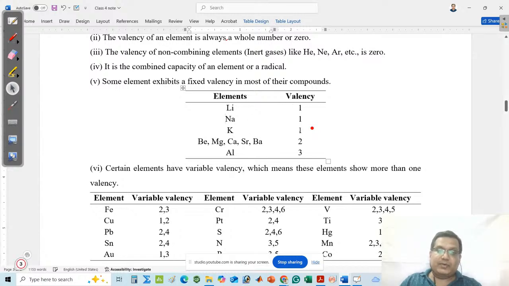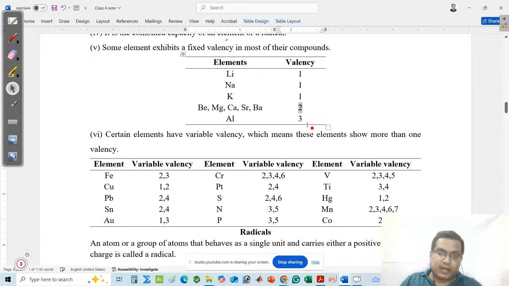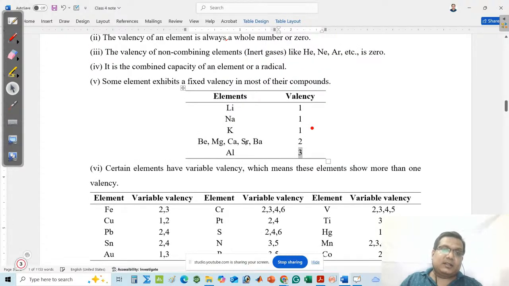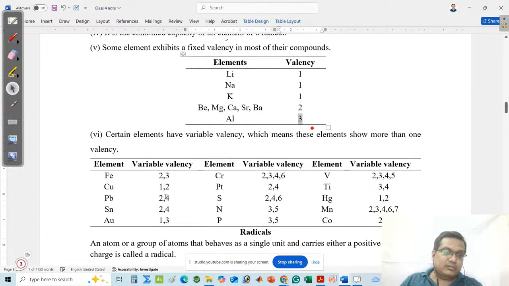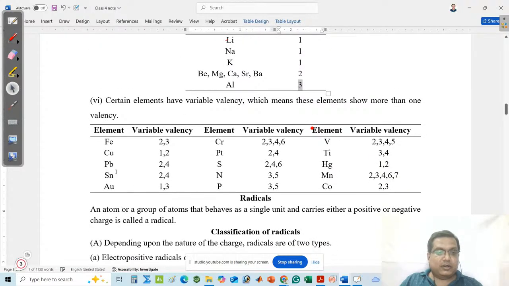Lithium, sodium, potassium have valency one, but beryllium, magnesium, calcium, strontium, barium have valency two, aluminum has valency three. The valency of these elements does not change. If you think about iron, copper, lead, Sn, Au, there is more than one valency, so they have variable valency. Iron has two valencies, that is 2 and 3.